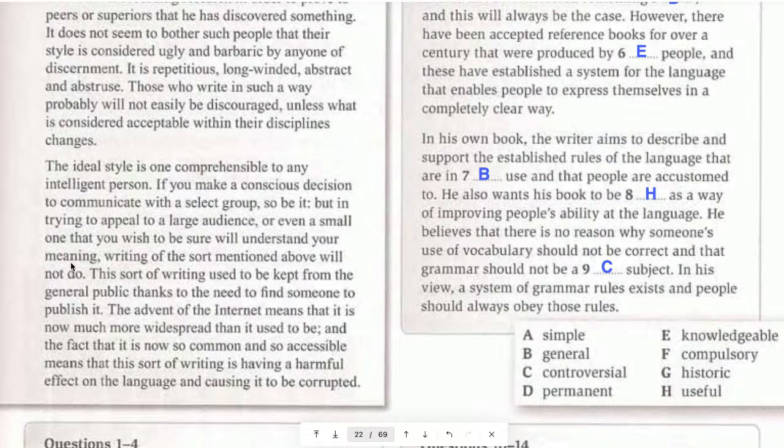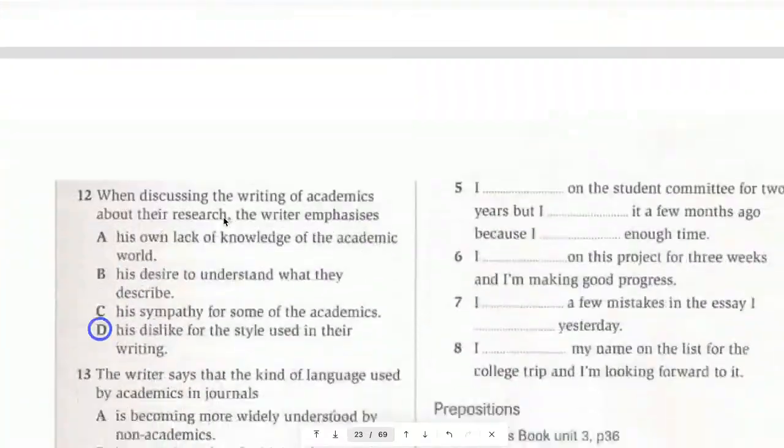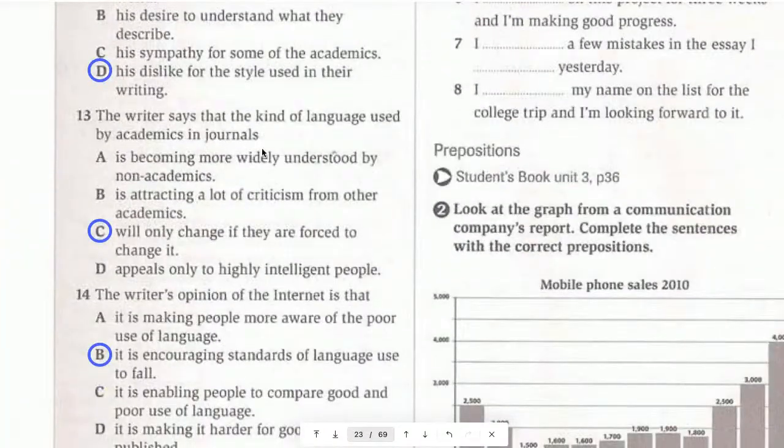It's just some kind of advice. And this sort of writing used to be kept from the general public thanks to the need to find someone to publish it. But it doesn't say much about the language used by academics in journals only changing if they are forced to change it.